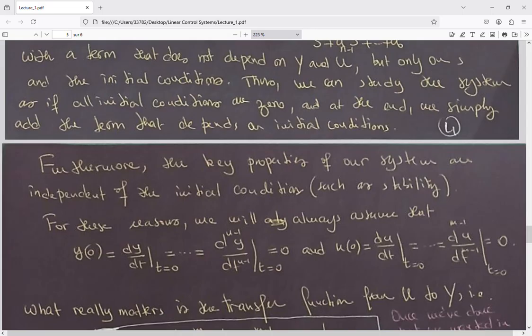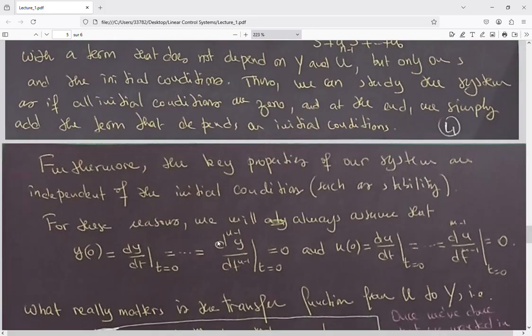Furthermore, the key properties that we will see in this class, such as stability and so on, do not depend on the initial conditions. It doesn't matter what the value of the initial conditions is. That's why in all our analysis, we will suppose that all the initial conditions are 0. Why?